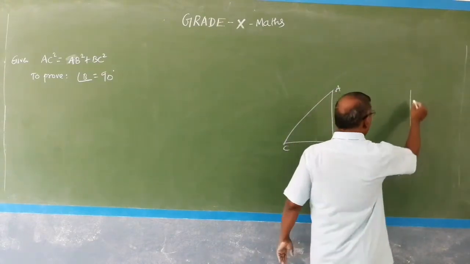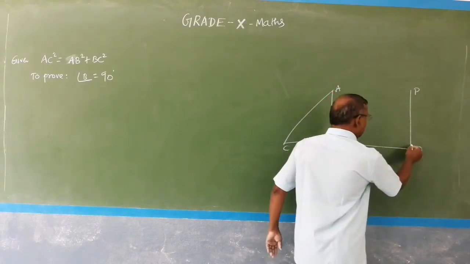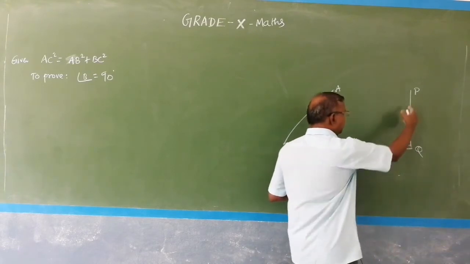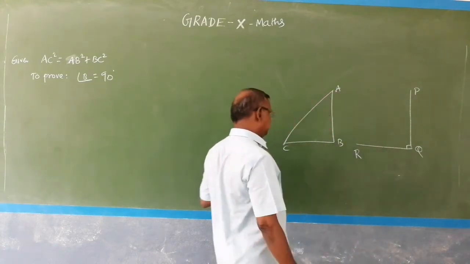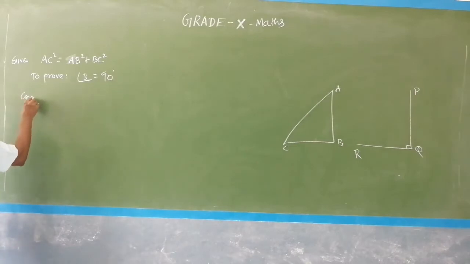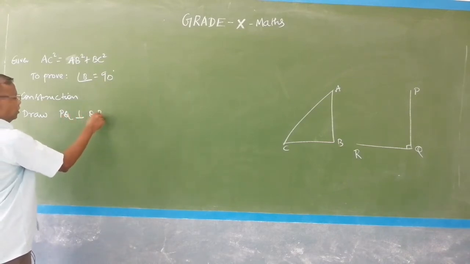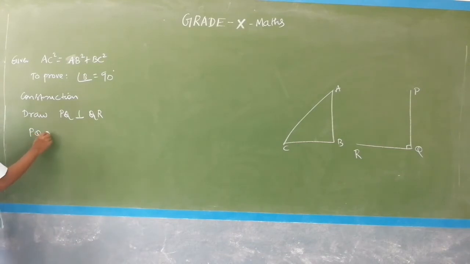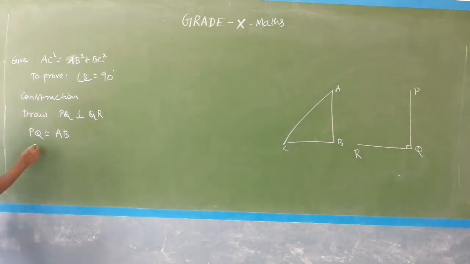Draw two lines PQ and QR, PQ perpendicular to QR, such that PQ equals AB and QR equals BC.